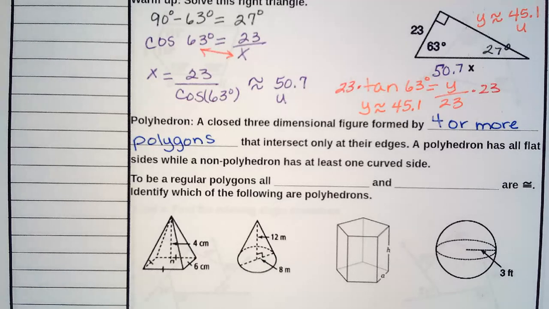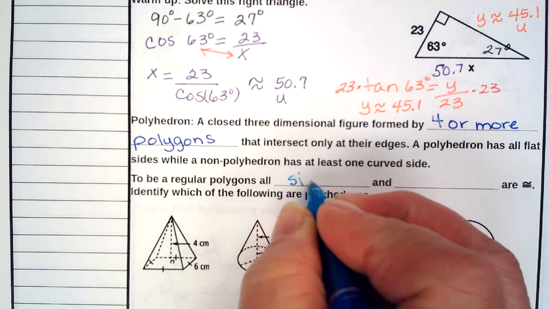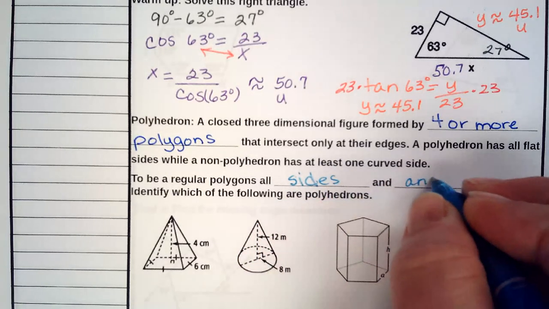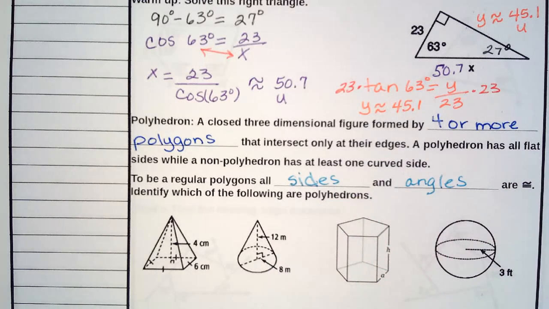It could not be a sphere, because those both have curved surfaces. To be a regular polygon, all of the what and what are congruent? Sides and angles. A square is a regular polygon.